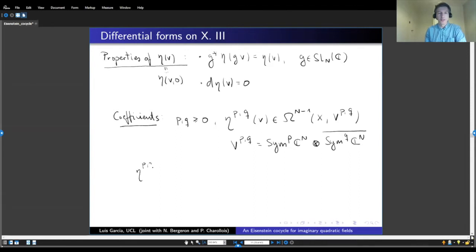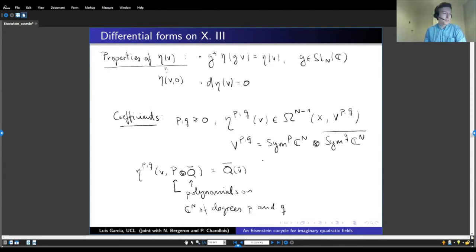If you take this form and you evaluate it on two polynomials, on C to the n of degrees P and Q, then it's given by the following expression, which will look familiar to anyone that has read any of such papers.